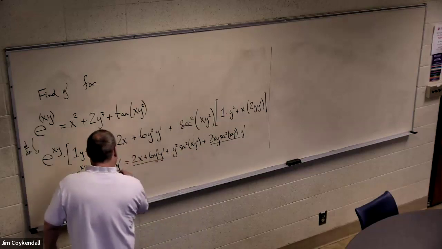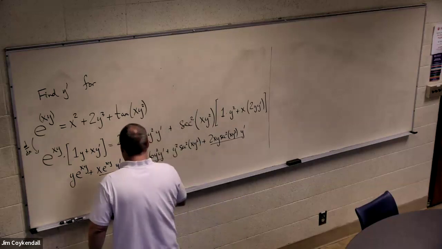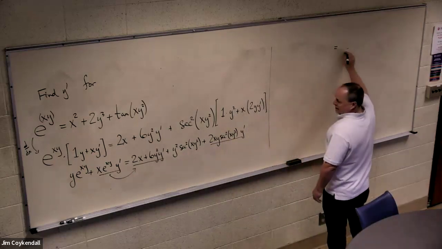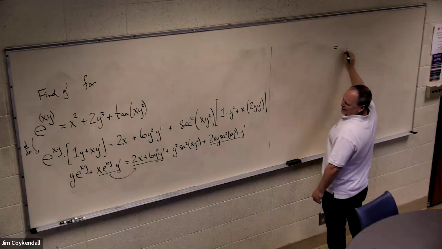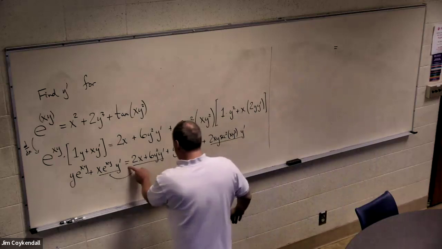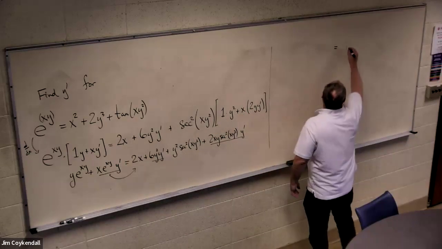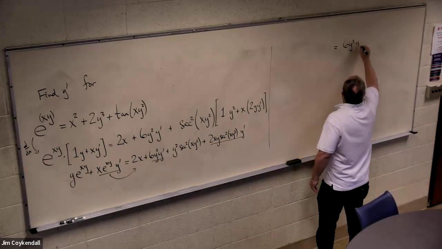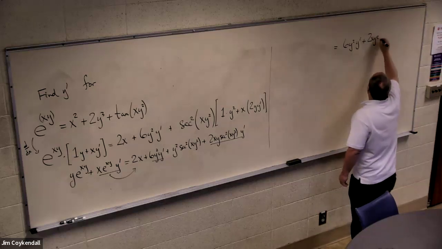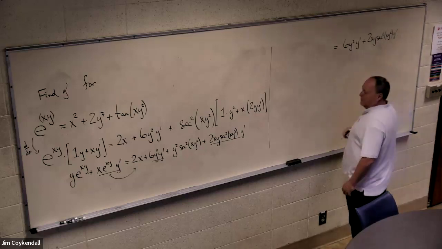So I'm underlining all the stuff that has y prime in it. I'm going to bring this over to the other side. So I'm going to have 6y squared y prime plus 2xy secant squared xy squared y prime.